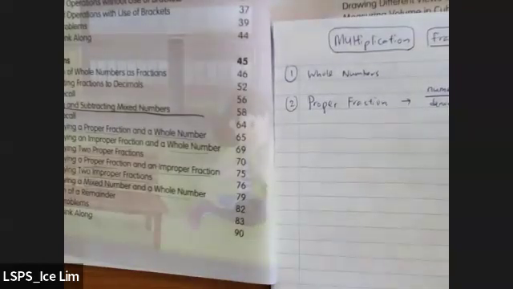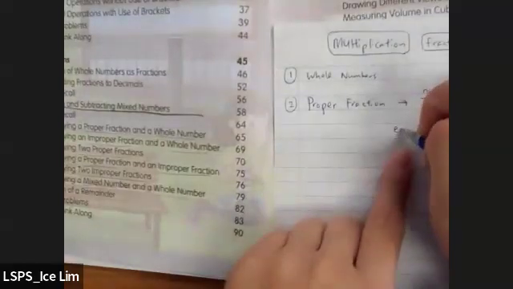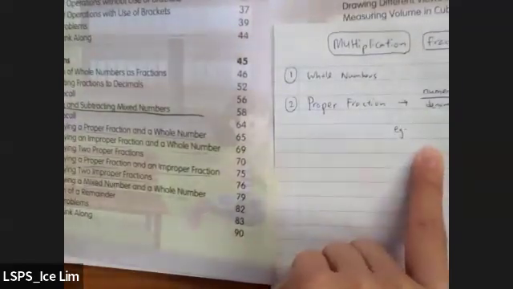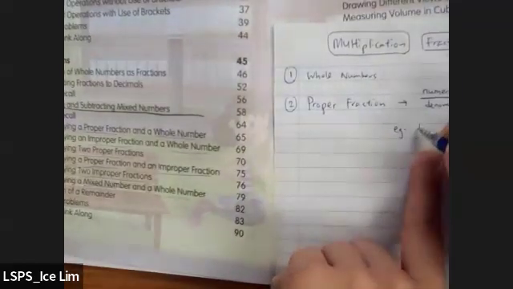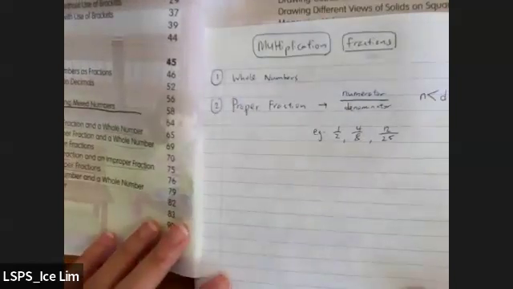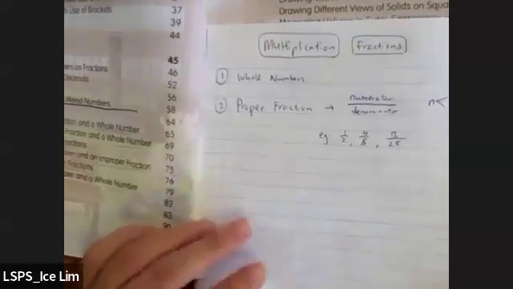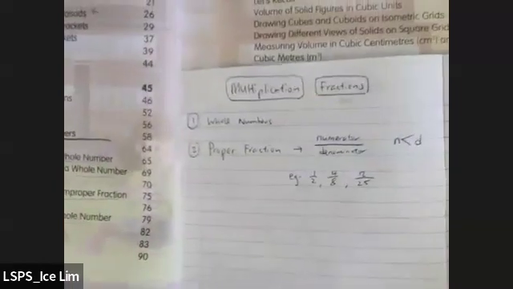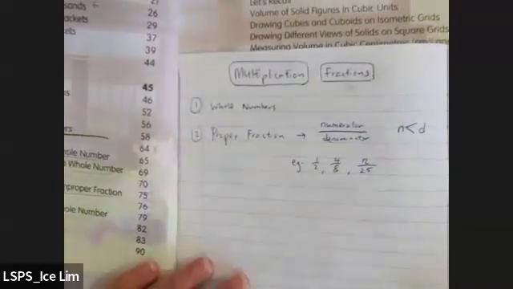Can you understand? For example, proper fractions are smaller. You can have a half, you can have 4/8, you can have 12 out of 25. These are all proper fractions, meaning all the numerators are smaller than the denominators.